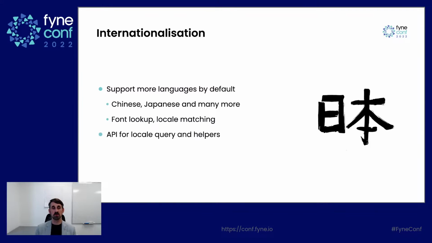And we want to make sure that we expose an API for application developers as well, to be able to make appropriate decisions based on the configuration that's found from the, again, locale, the language, the date format, and so forth.